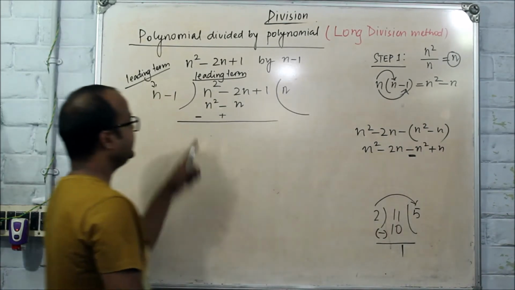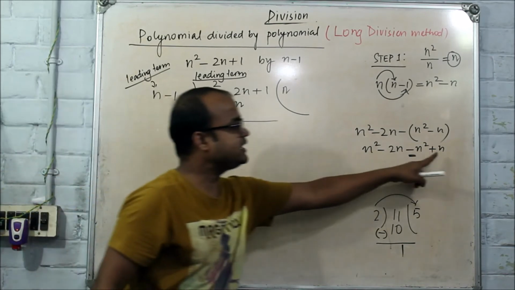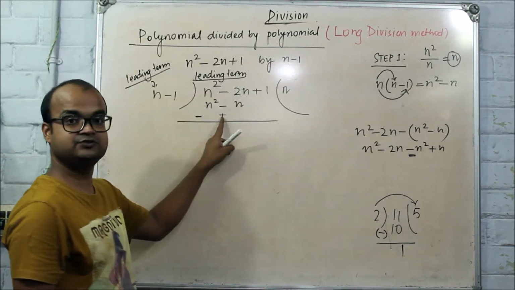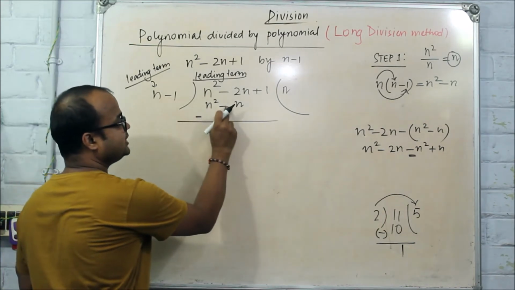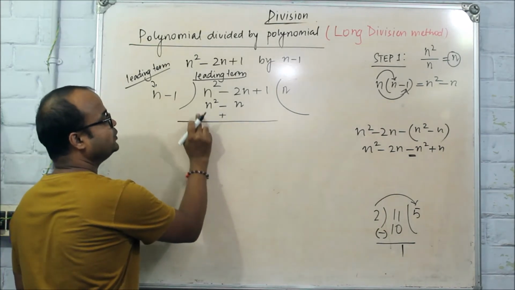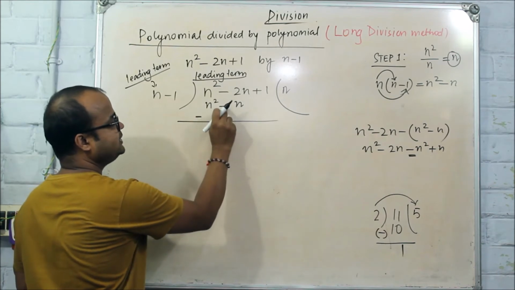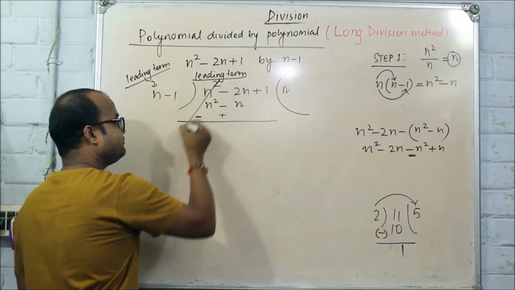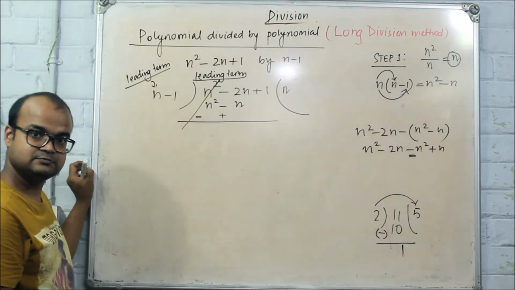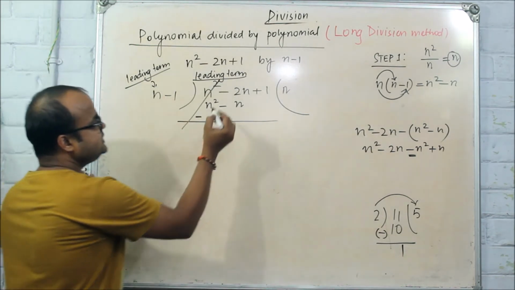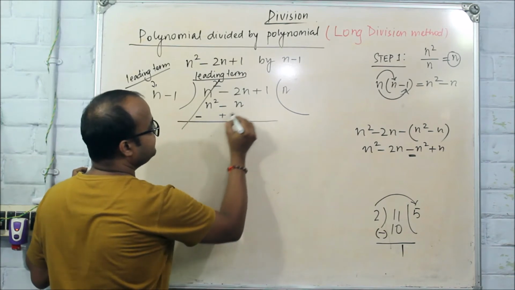See, what is the sign of n square? Minus. What is the sign of n? Plus. So whatever sign is there, you need to write the opposite. Here plus, so we write minus. Here minus, so we write plus. Plus n square minus n square cancel each other. Clear?